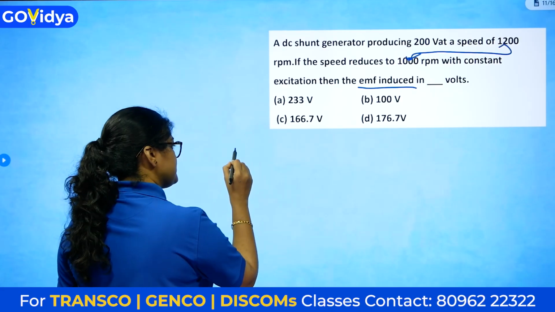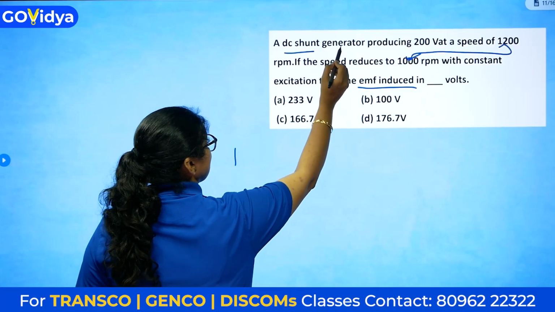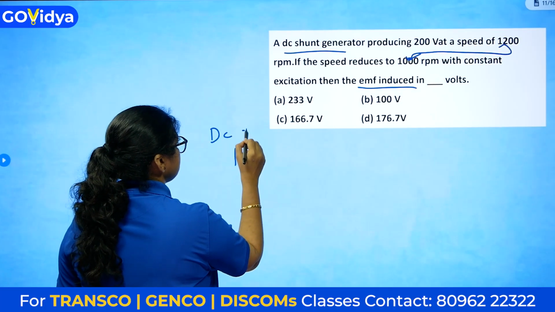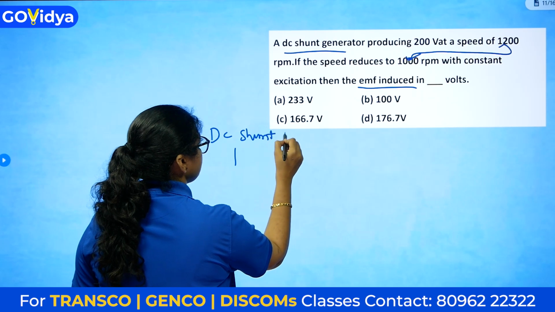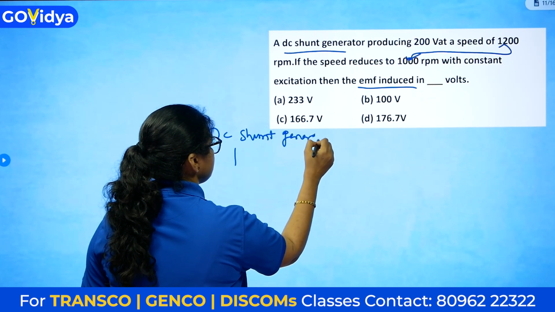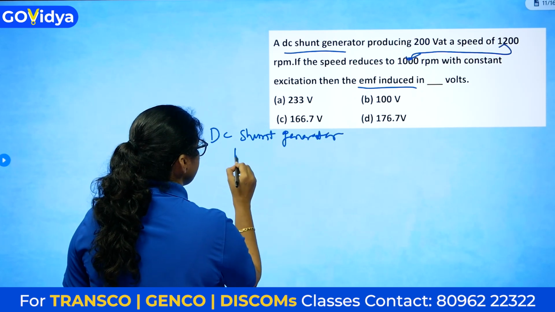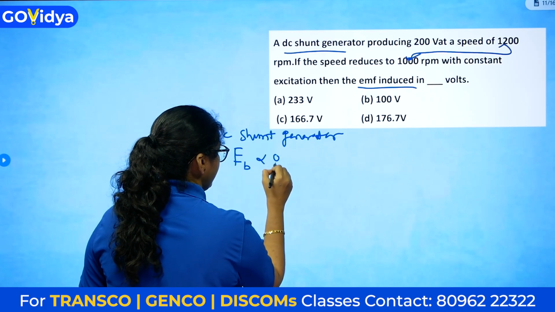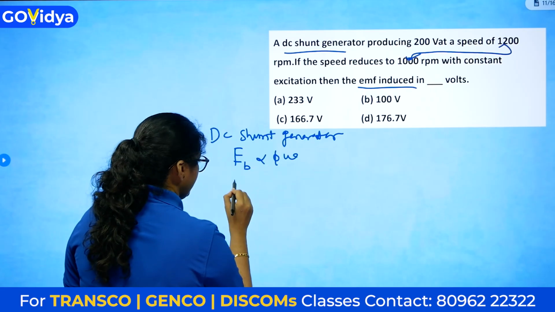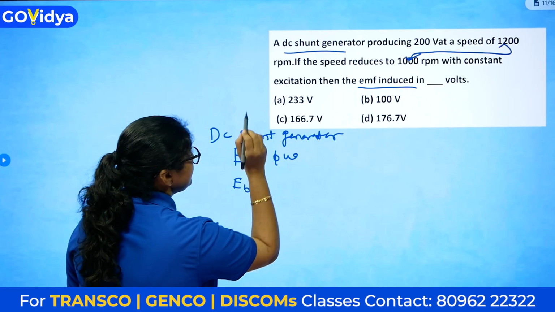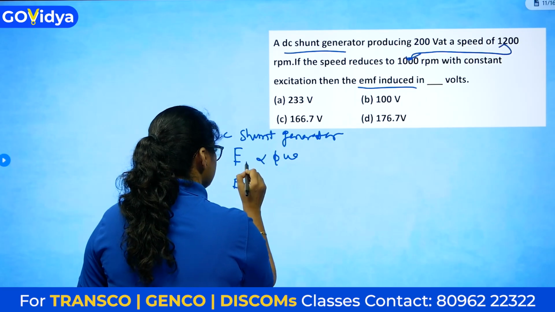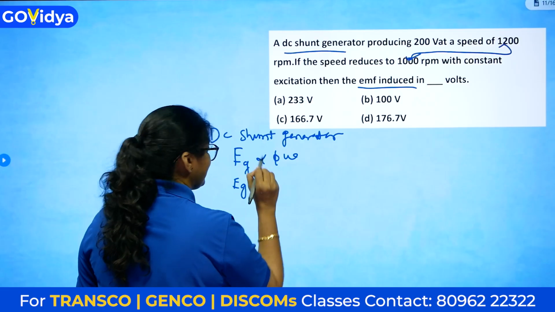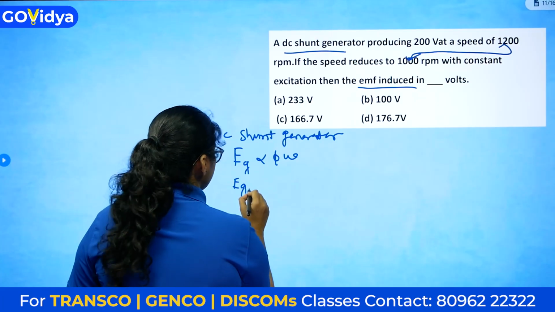From the basic performance equation, for this DC shunt generator, EB is directly proportional to phi omega. Since they have given a generator, I write EG; if it were a motor, we would write the back EMF EB.